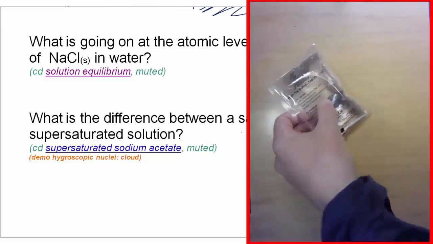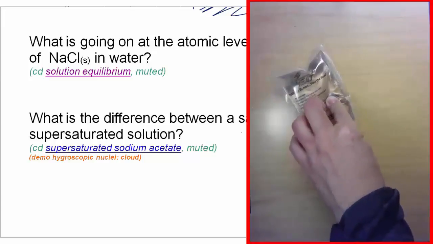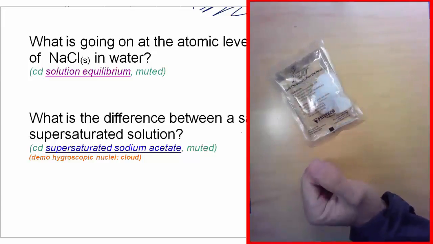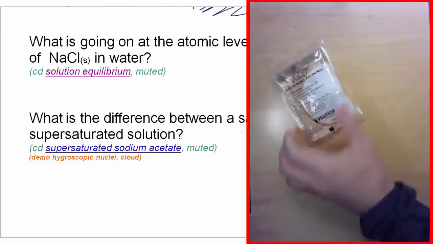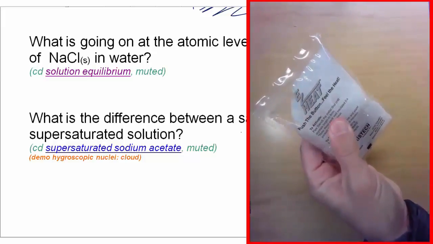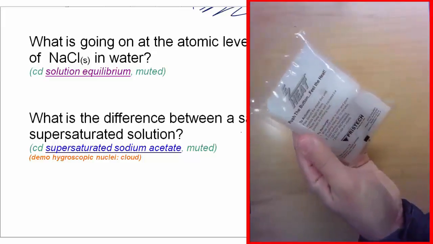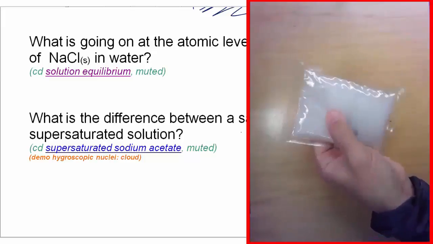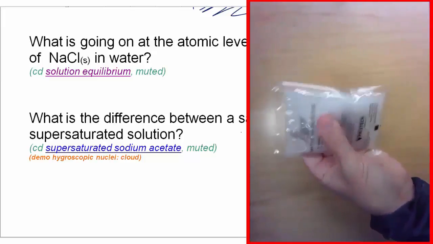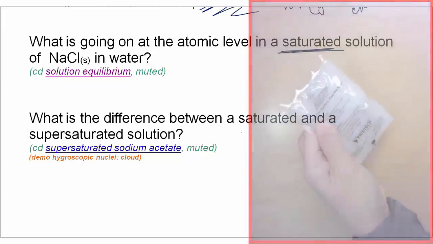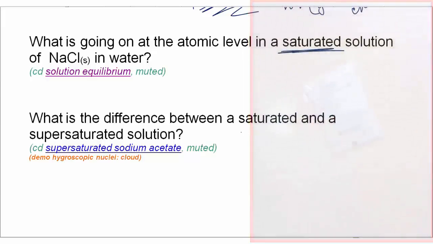So when I push this little button, the precipitation just happens very quickly, and it starts feeling hot. So that is an example of a supersaturated solution. Now it's a solid, it's nice and hot for hand warming, and then you can regenerate it just by throwing it in some boiling water.